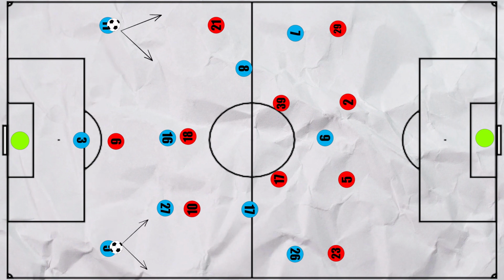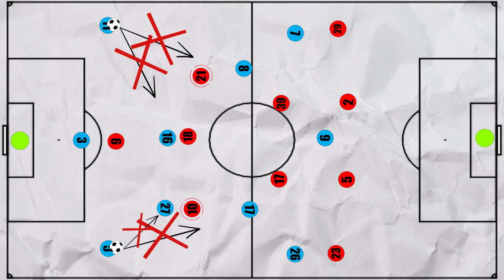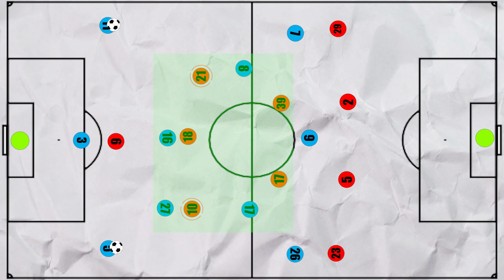But one of the keys for United limiting City's progression was that Rashford and James initially stayed narrow and compact, making it difficult for City to play into the midfield, where they had the numerical superiority due to Jesus often dropping deep and Cancelo having inverted. So, United were willing to initially give up the wide regions.